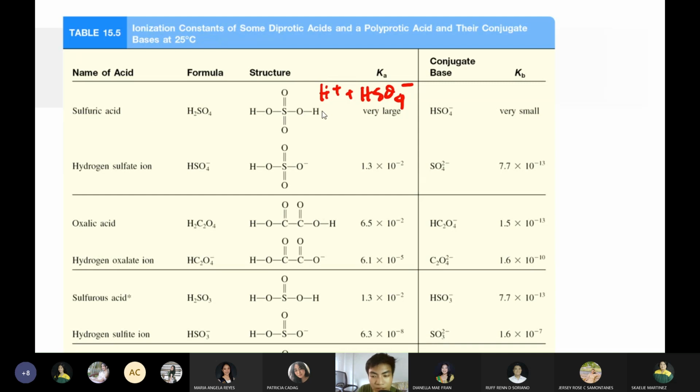However, if you do the second ionization to produce H plus and SO4 2 minus, dun ka na mag-ICE table.